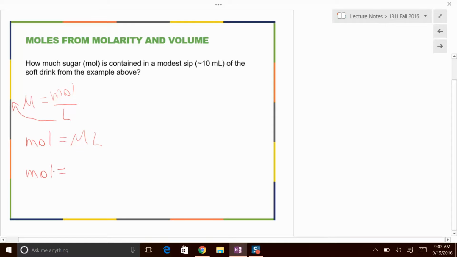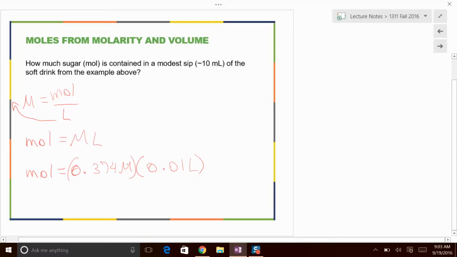What is the molarity that we just determined? What was it? 3.74 molar times... Okay, I need to put the milliliters into liters. 0.01 liters.